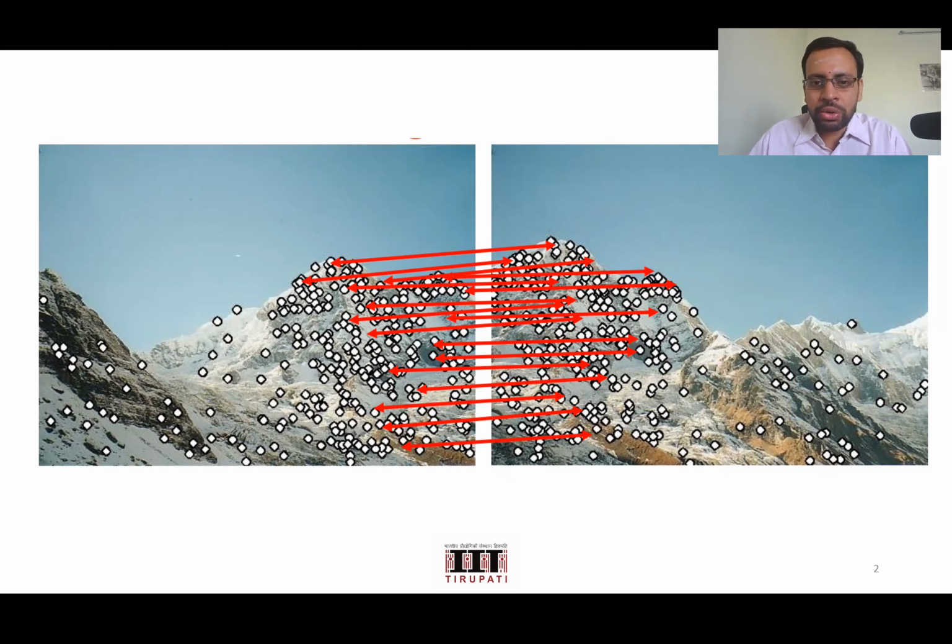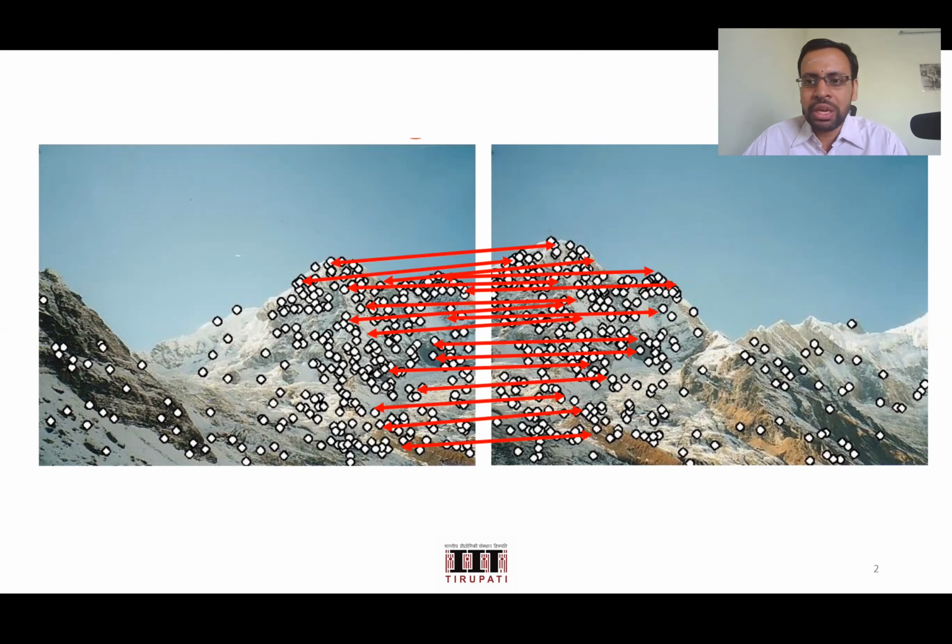This again, I could illustrate whatever I'm saying right now from this picture. Assume that I took the picture by translating my camera, and then I would like to find out the transform between these two images, such that, let's say, I want to stitch these two images and align them and bring a panoramic view there. So what can I do?